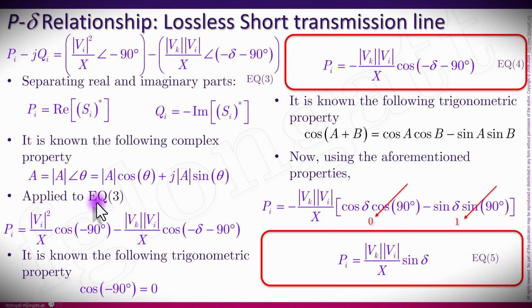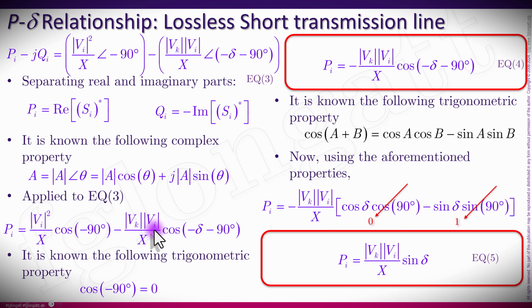After applying this very simple property, we obtain that the first term will be the square of the magnitude of the sending terminal voltage divided by the reactance, times the cosine of minus 90, and on the right-hand side we have this second term.